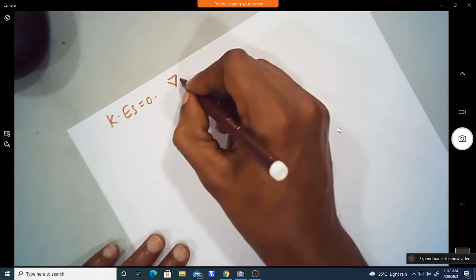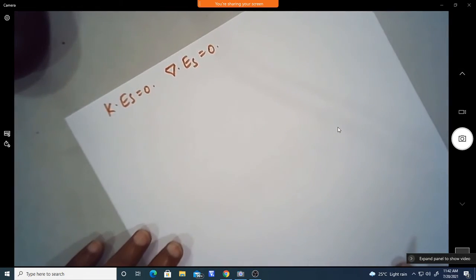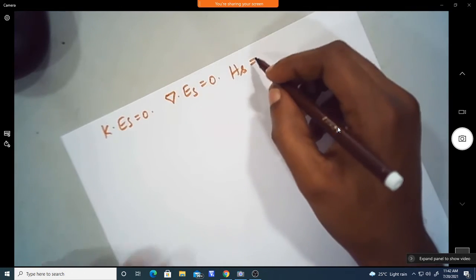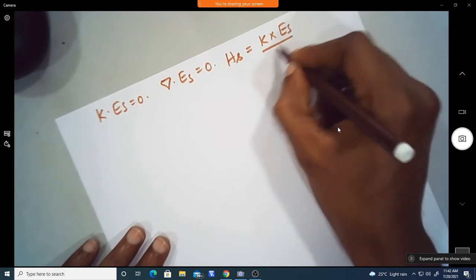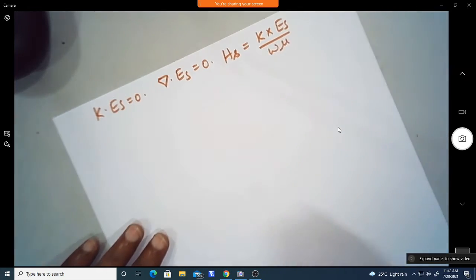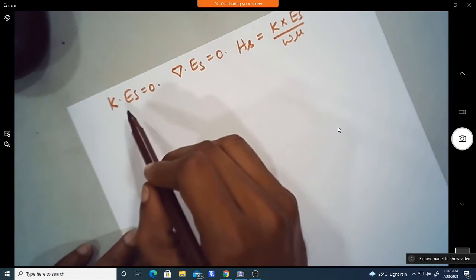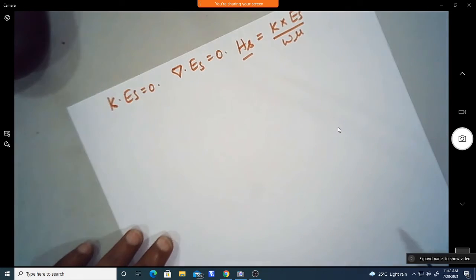That's why we get del dot Es equal to 0. Then we can find out what is the Hs, from the Es. So we know that k cross Es divided by omega mu. From this equation we are going to get the Hs value. So once we know the propagation vector and the electric field component, we can compute the magnetic field component.